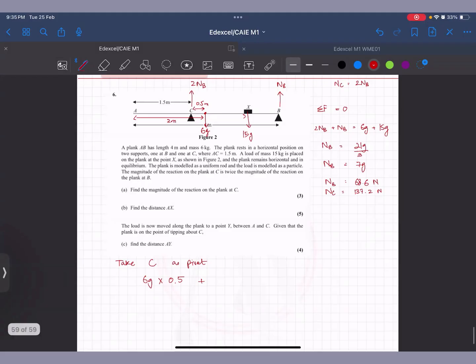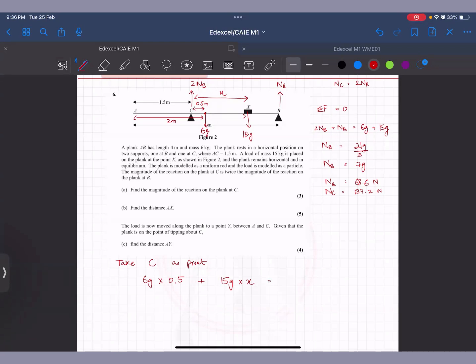So the load is 15g, and let's suppose this distance to be x. We don't know this x. So 15g times x. Both of these are producing a clockwise moment.